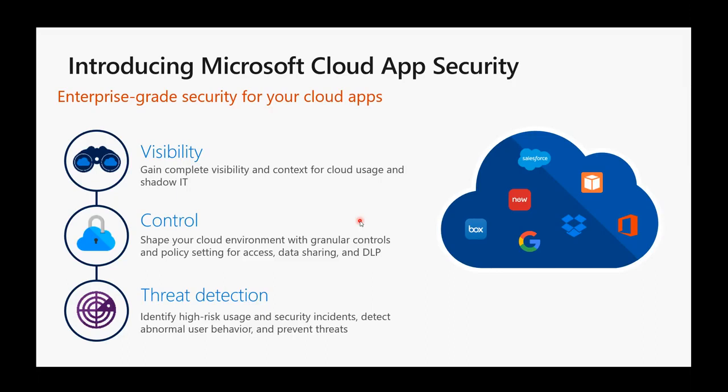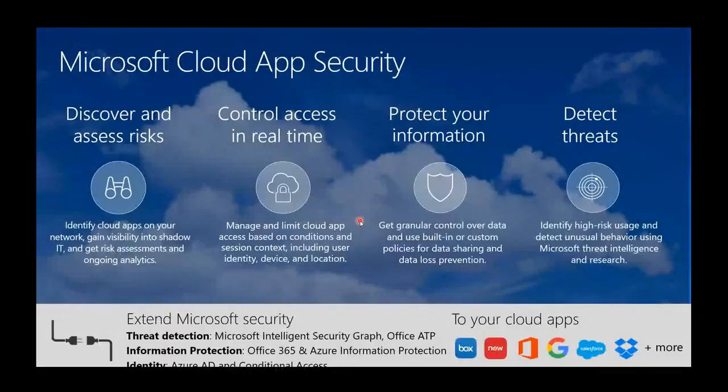So cloud application security, I would consider here to be the most comprehensive last mile in your enterprise mobility suite, which can give you complete insight into what is happening in your environment on your user devices. You can discover and identify the risks in your environment, which can be controlled in real time using access policies.